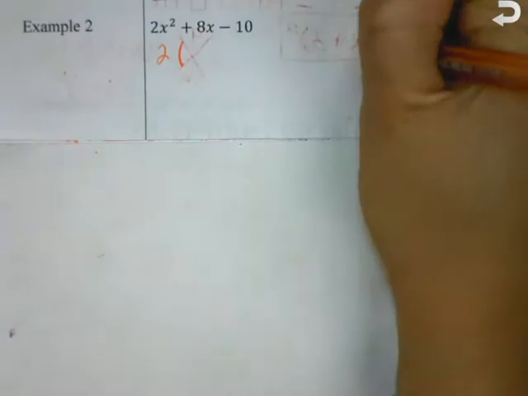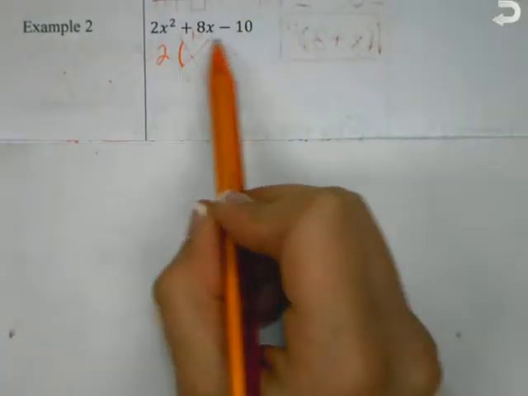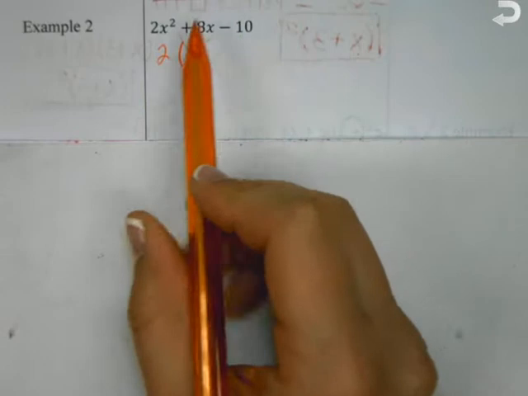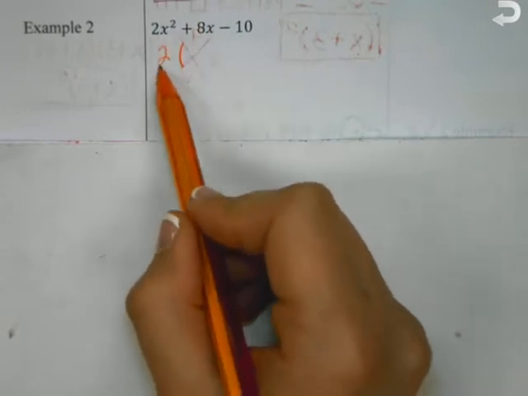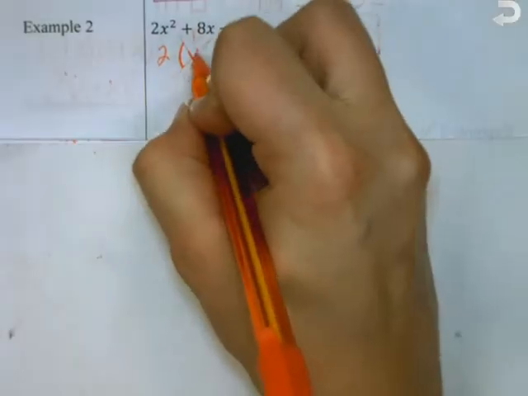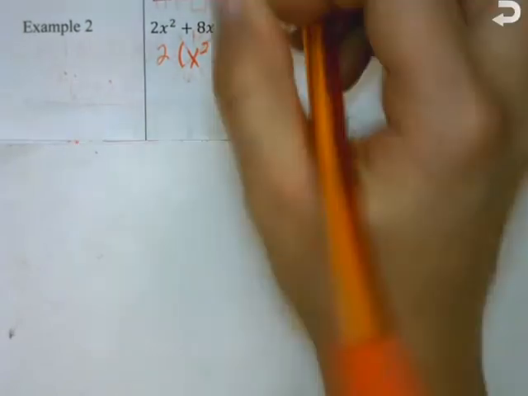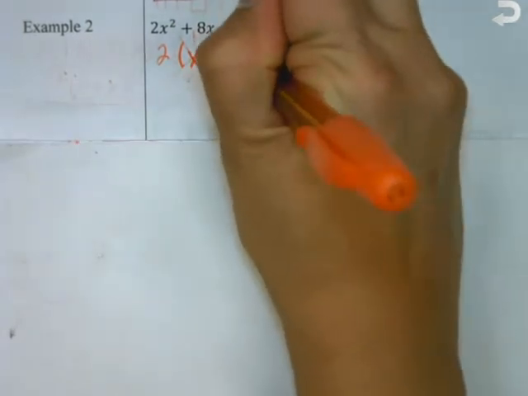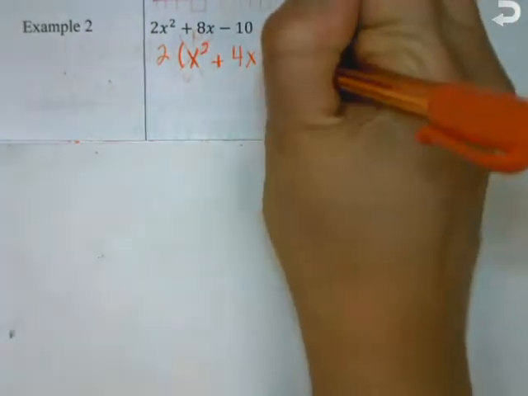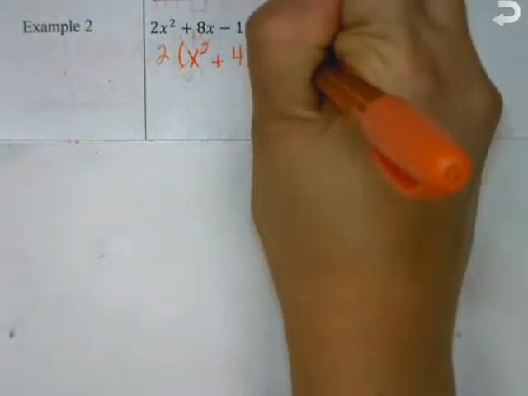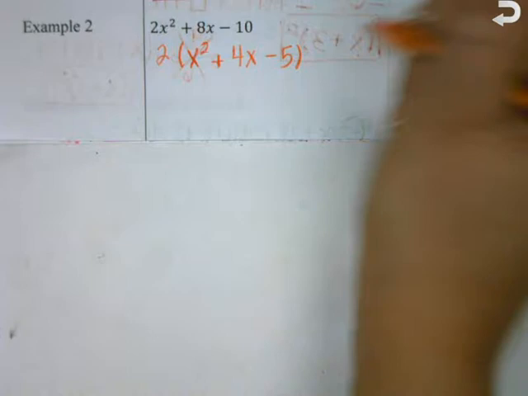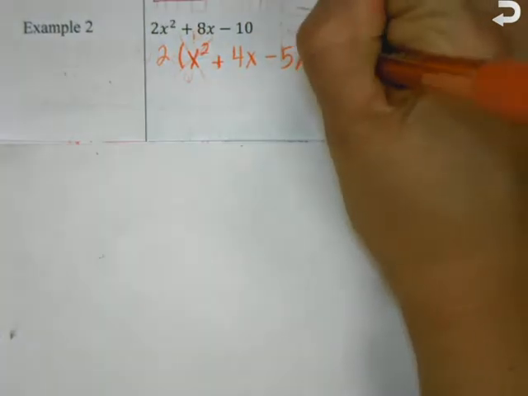If I factor out the 2, what's left over? What's 2x squared divided by 2? x squared. What's 8x divided by 2? 4x. What's negative 10 divided by 2? Negative 5. Okay, so a lot of you got this far. That was GCF. And then a lot of you stopped.